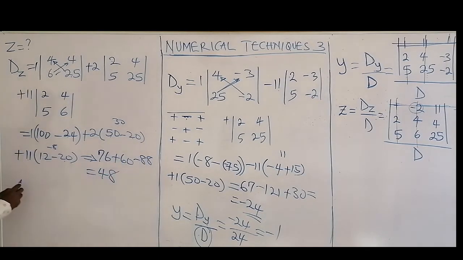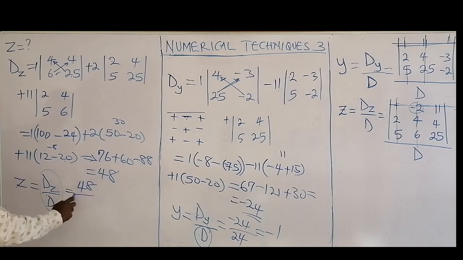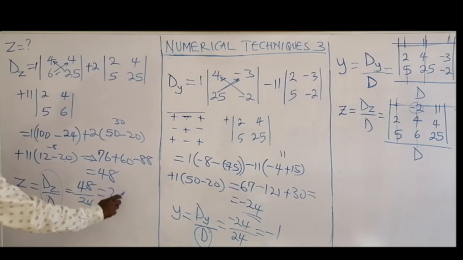So z is equal to D subscript z over d. That's the formula to get this one. Okay, z is equal to 48 over 24, and that's 2. And that's it on the Cramer rule to solve the system of equations.